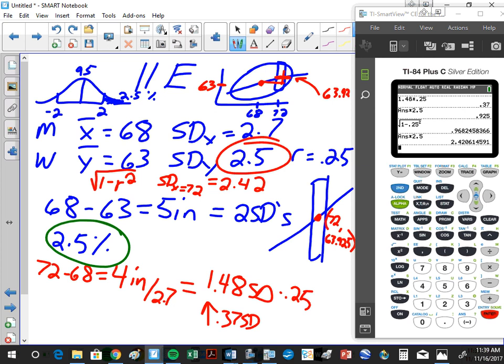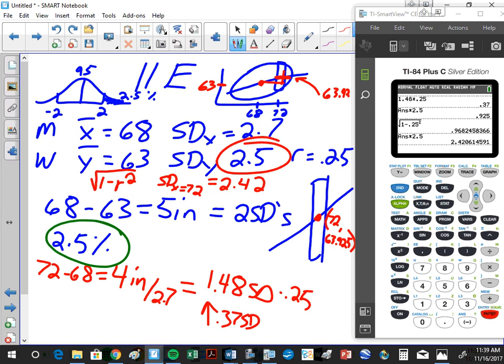Well, it's more because why is that number going to go up? It's because what group are we looking at? Tall husbands. So we are looking at tall husbands, so we would expect more of those wives to be tall.